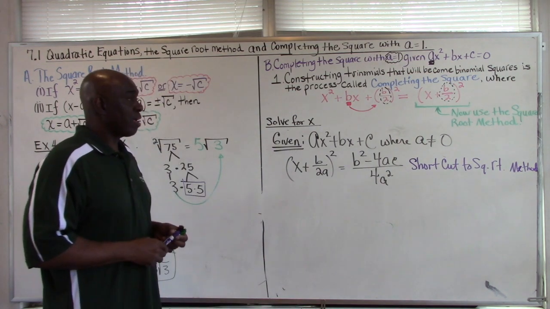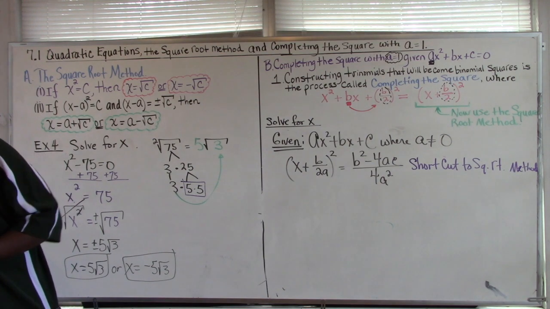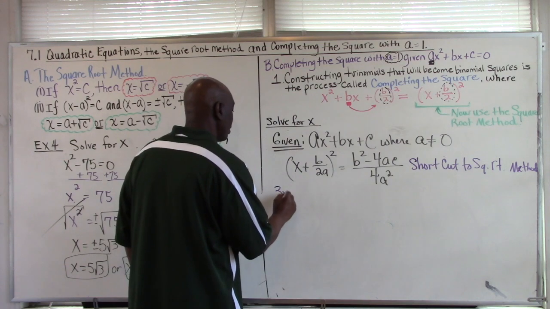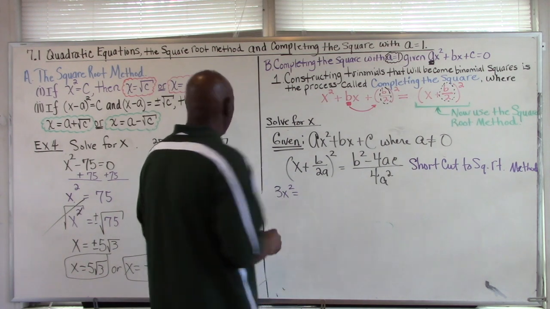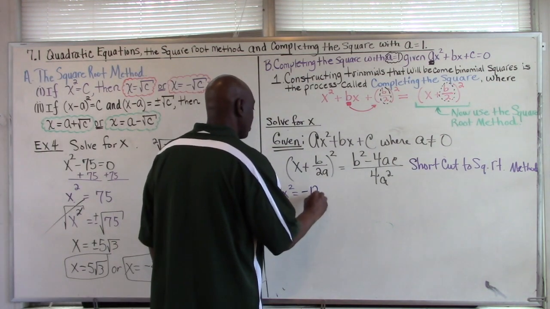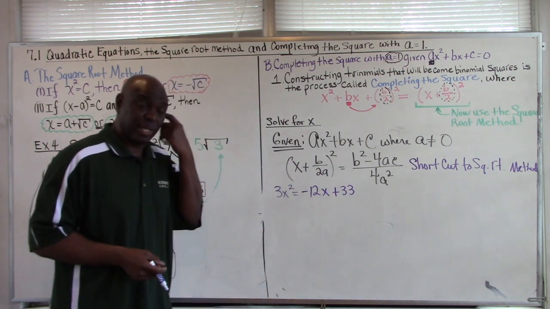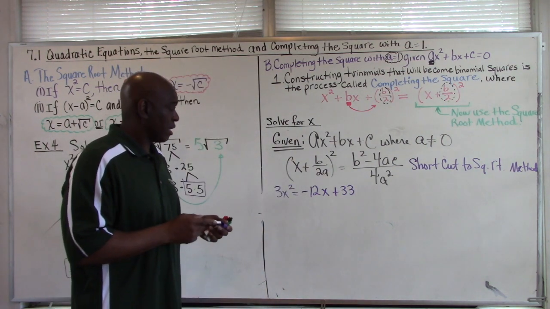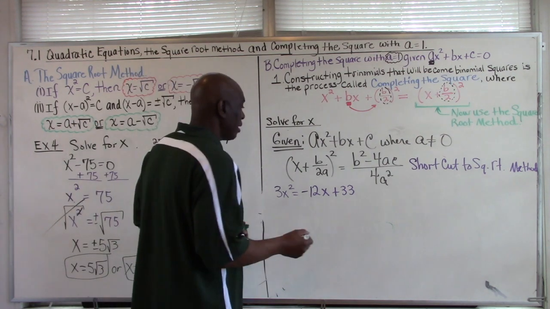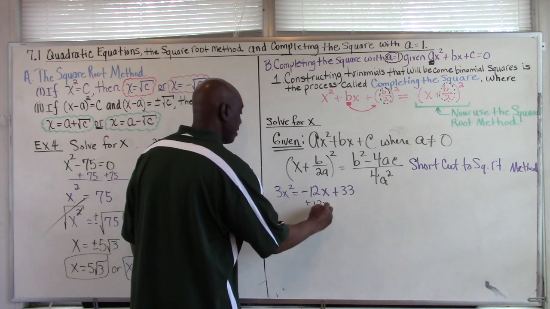All right. Let's go back to our example I told you a while back. It was 3x squared equals negative 12x plus 33. And this one, remember, was solved for x, right? What you could do is, the 12x, we added 12x to both sides.